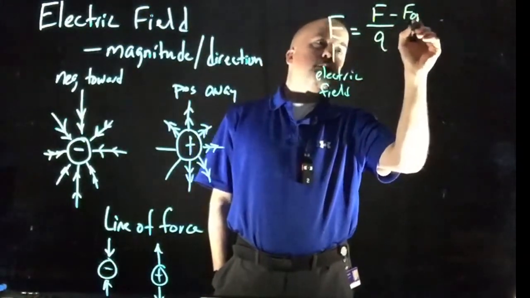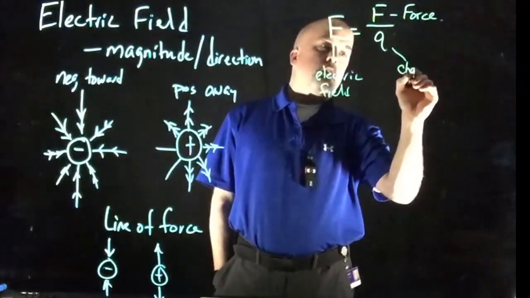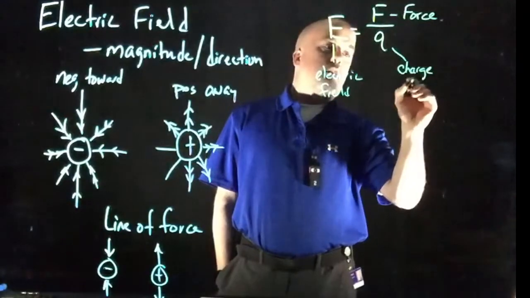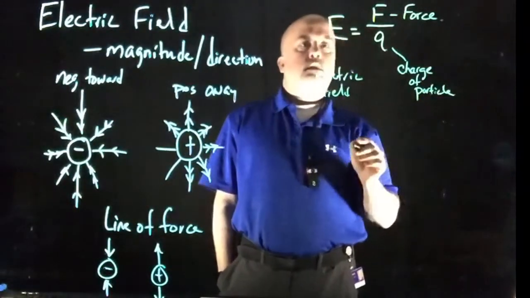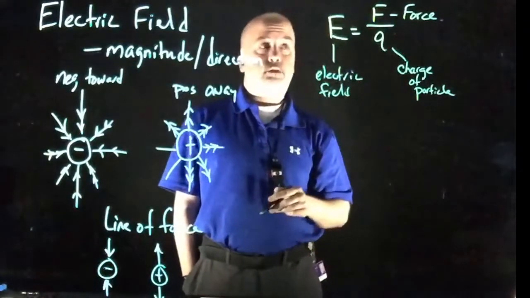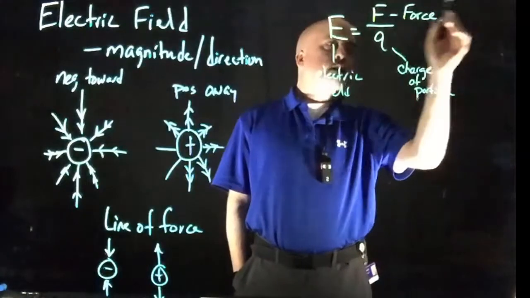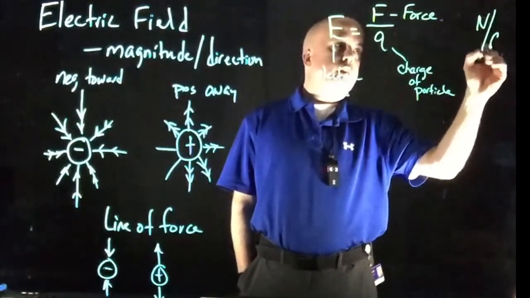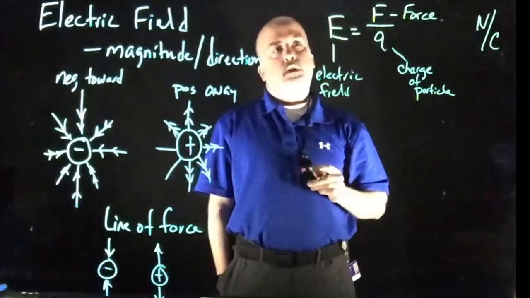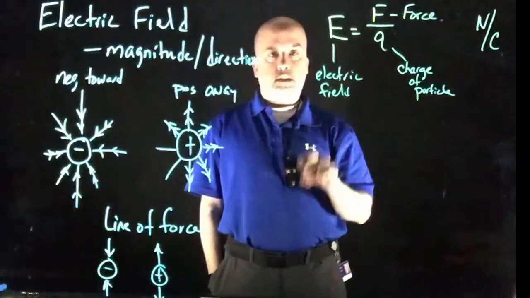Obviously, this tells me the force involved, and this tells me the charge of the particle involved. This is how we go back and we find the electric field. Okay? So this is going to be measured. I know force is measured in newtons, and I know charge is measured in coulombs. So that gives me a newton per coulomb when I start talking about the electric field.